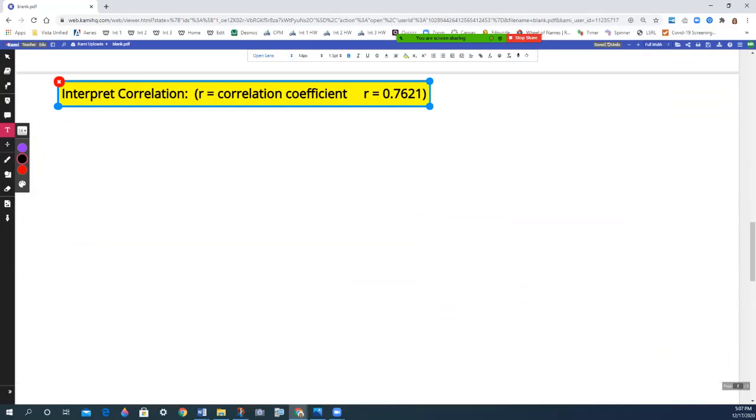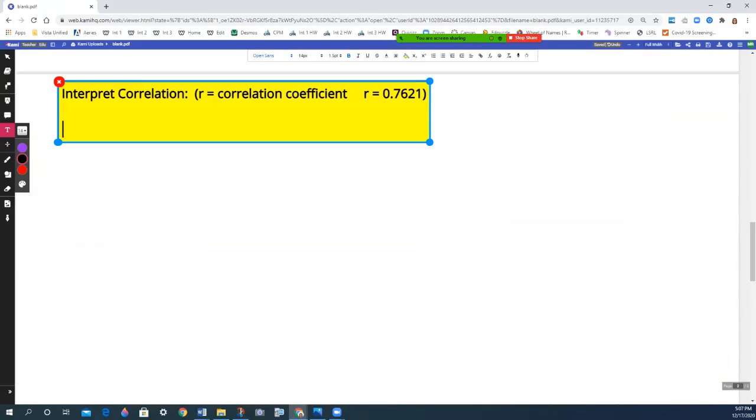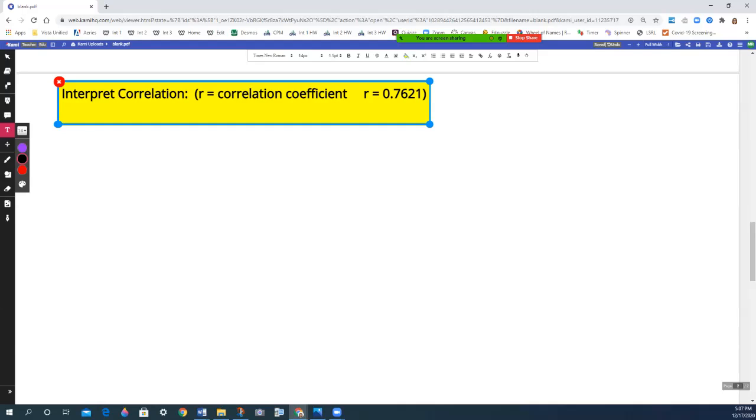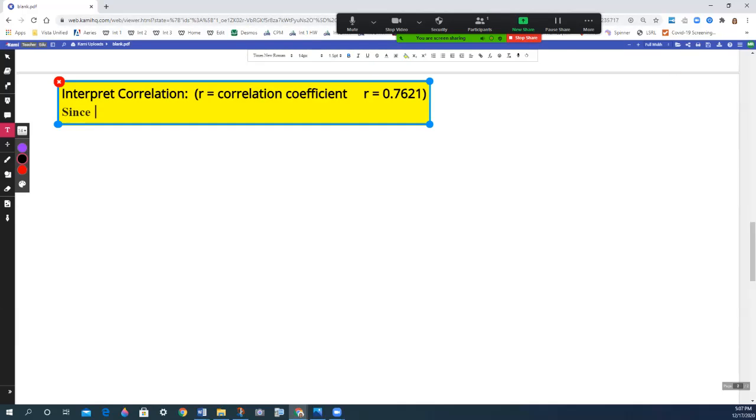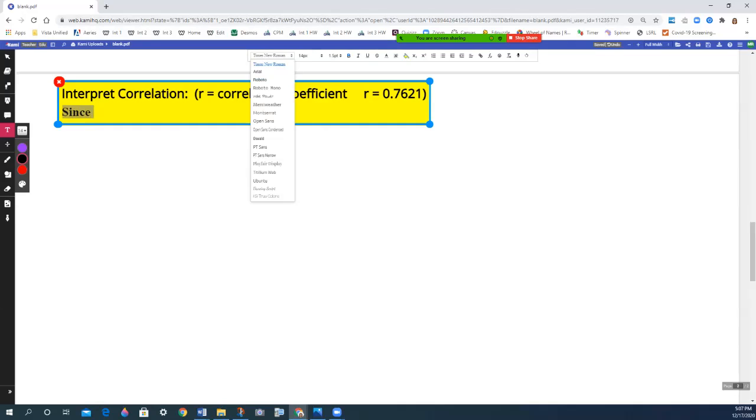Okay, so now our sentence frame is going to be: since R equal 0.7621 is, and then we're going to say close to or far from, is close to 1.